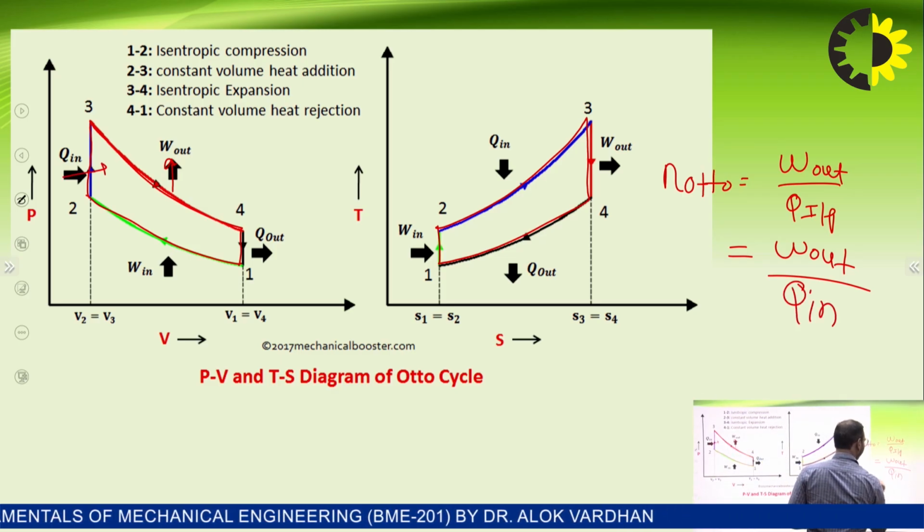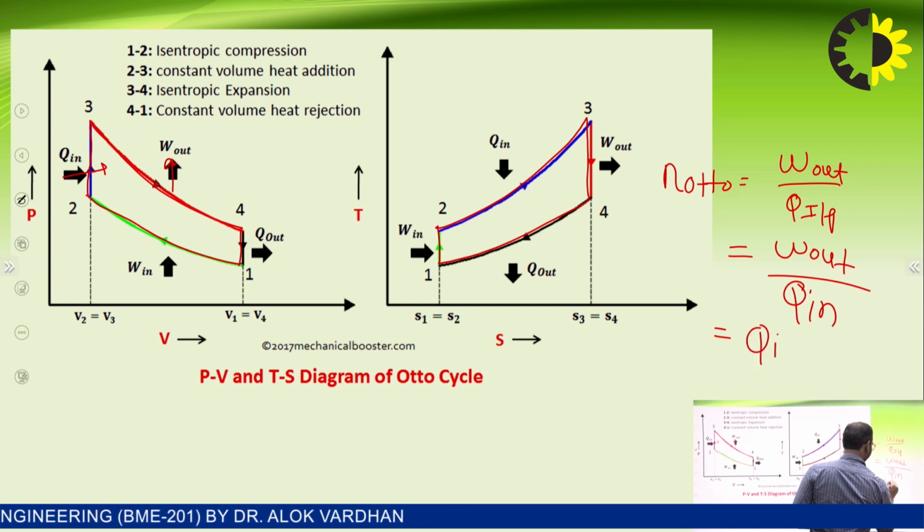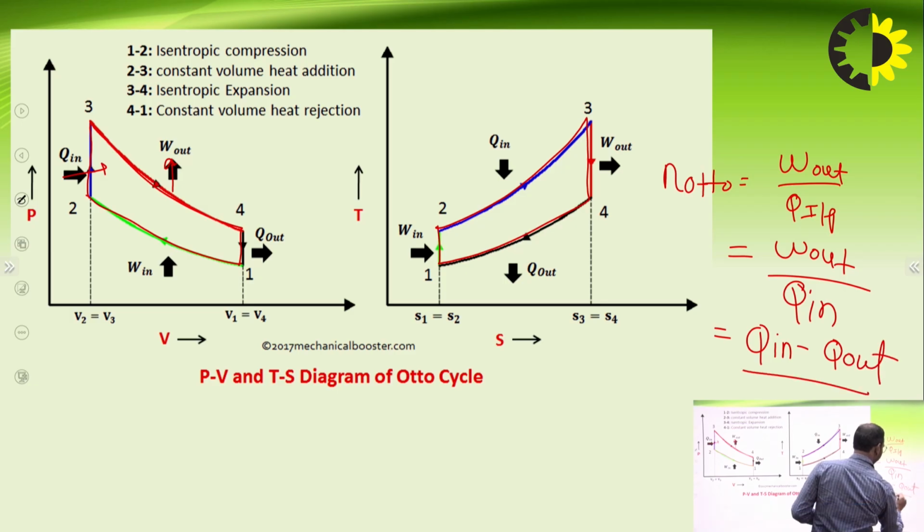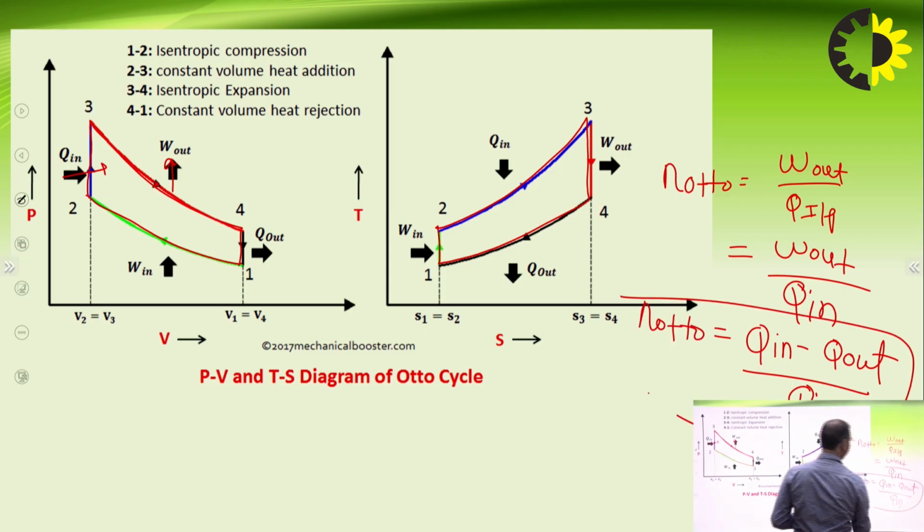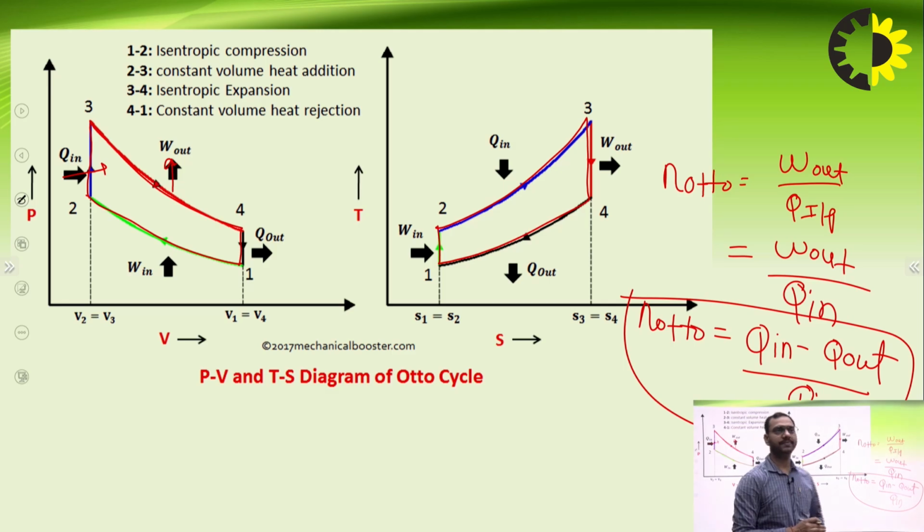Also, we can write it as Q in minus Q out divided by Q in. By using this formula, we can calculate the thermal efficiency of Otto cycle.